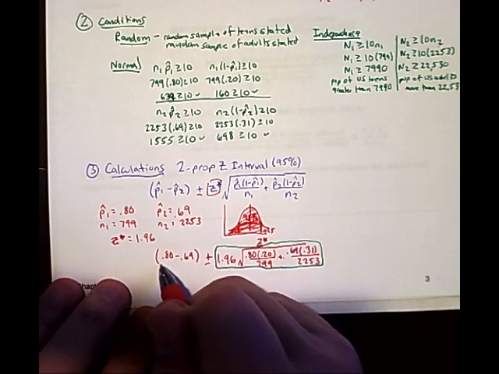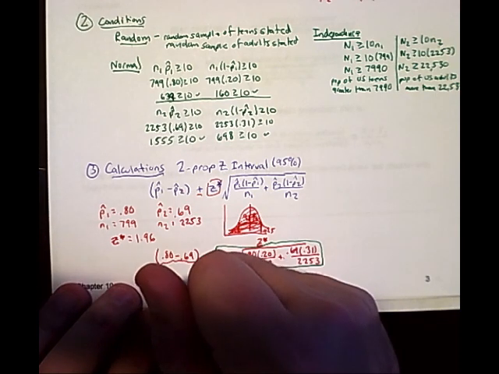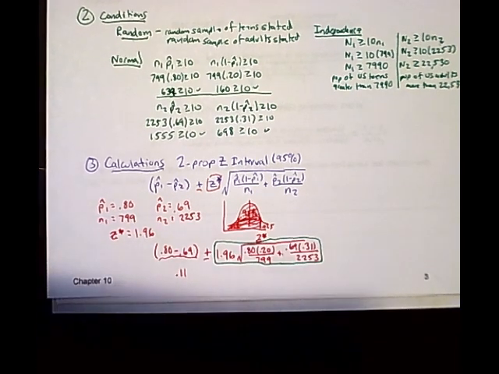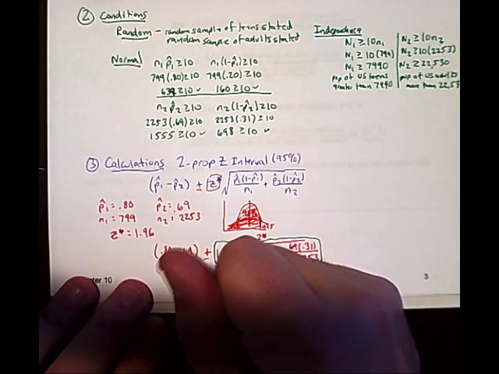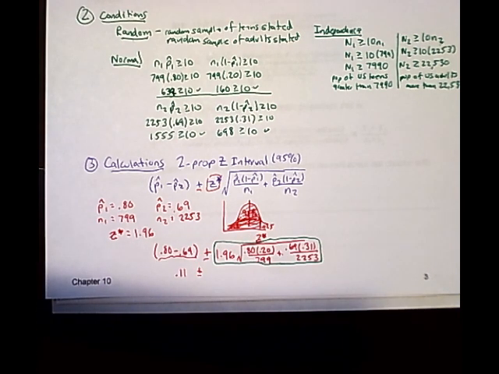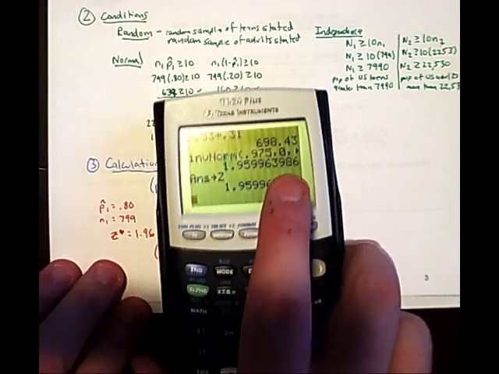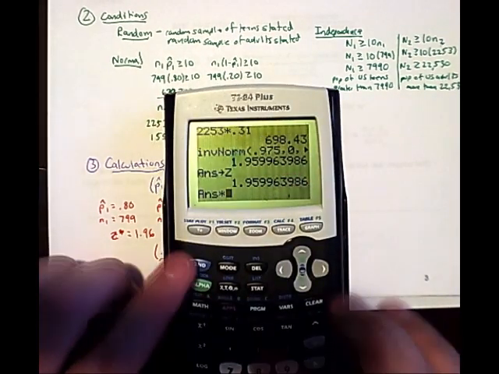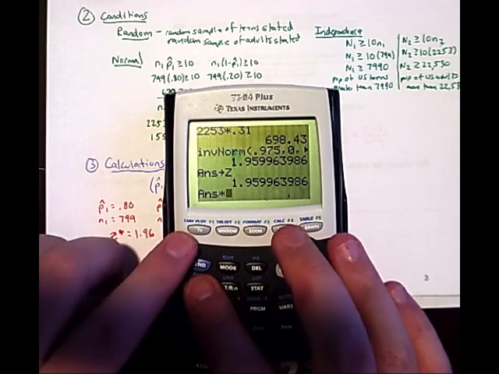Our sample difference was 11%. Then we're going to give ourselves some buffer because each sample difference might be different. So I'm going to take this number and multiply it times that huge square root.